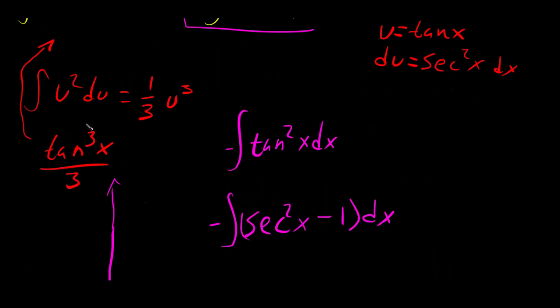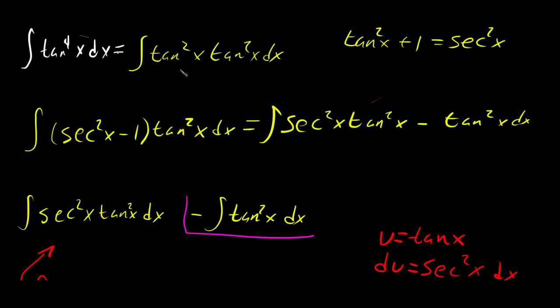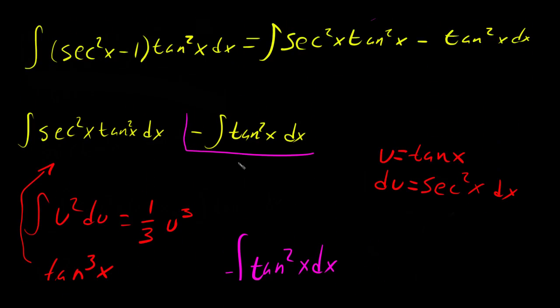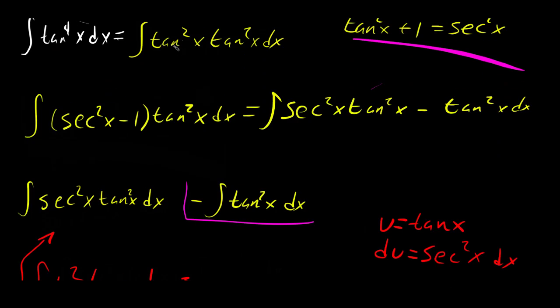You should see that all we did was we just rewrote the integrals in terms of this up here, and then we split them and then solved each individual part. So yeah, let me just rerun through this. We split this integral, or we rewrote it first.